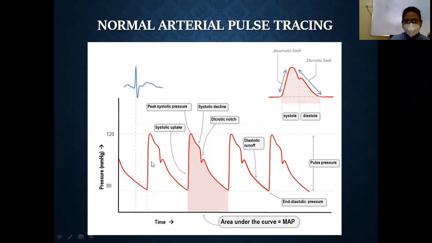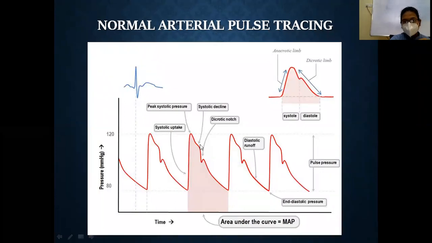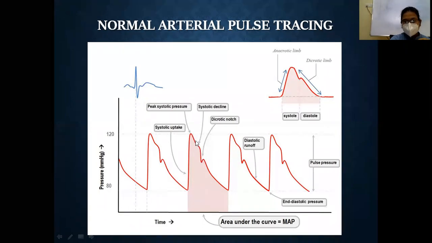Now what happens? You see, as the systolic phase goes and the diastole enters, the wave starts falling. The pressure starts dropping and you have a dicrotic notch. This phase is known as the systolic decline, this one.